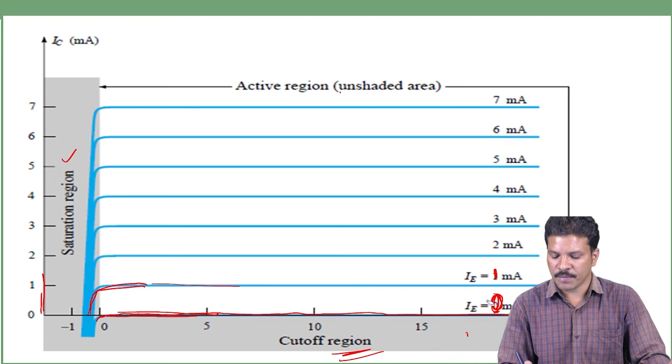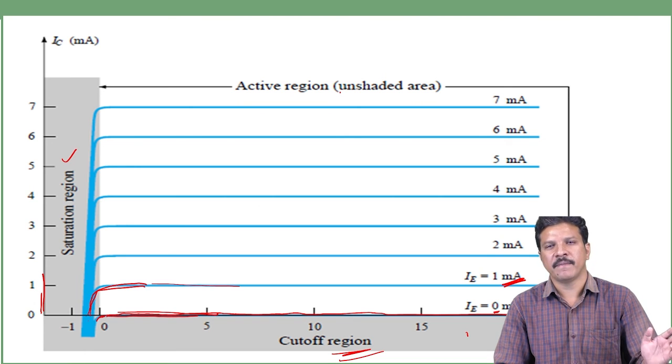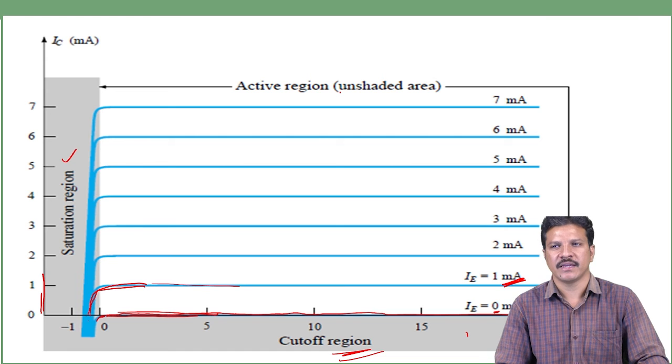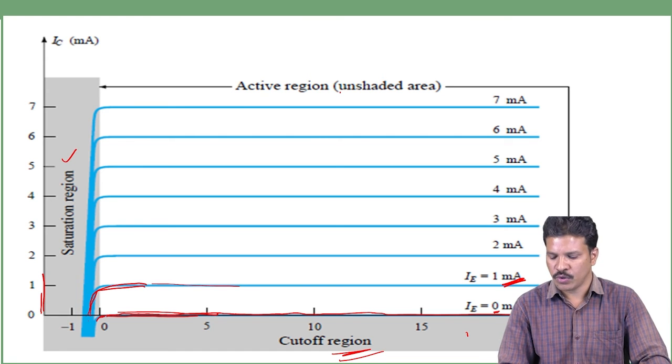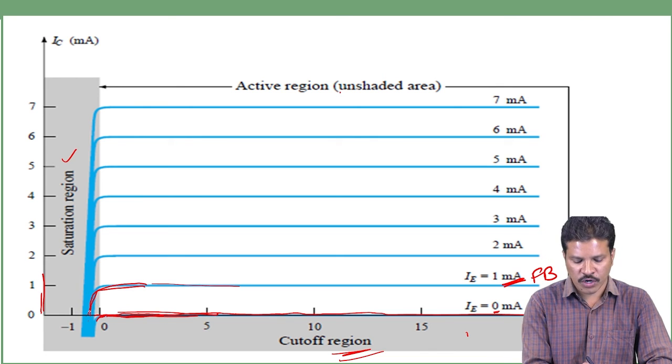Suppose I am increasing the emitter current from 0 to 1 milli. How can we get 1 milli? Definitely the emitter base junction must be forward biased, greater than the cut-in voltage. Now changing the input voltage, note down the current.